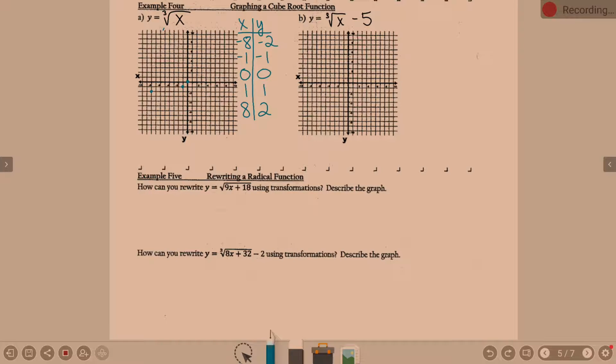I'm going to go right 1, up 1. And 8, 2. Right 8, up 2. So, yes, it kind of looks like a line in the middle. It's not, though. You've got these two other outer pieces, right?